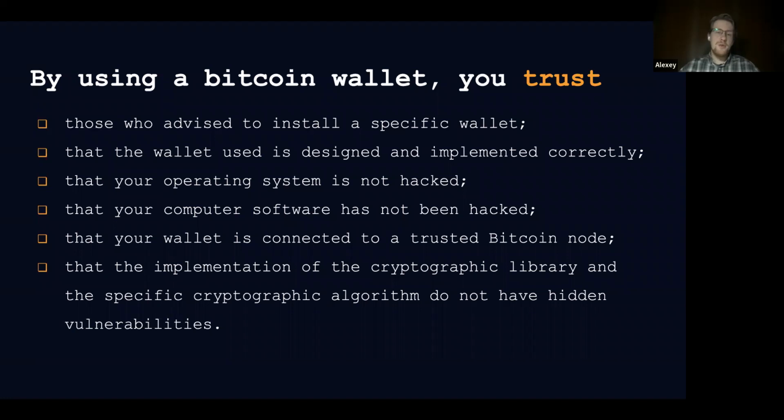Also, you need to be sure that the computer software has not been hacked, because even after you install some trusted wallet, a hacker who gains control of your system can substitute it, and you might not even notice. Also, you trust that your wallet is connected to a trusted Bitcoin node, and this is also a big source of attacks.